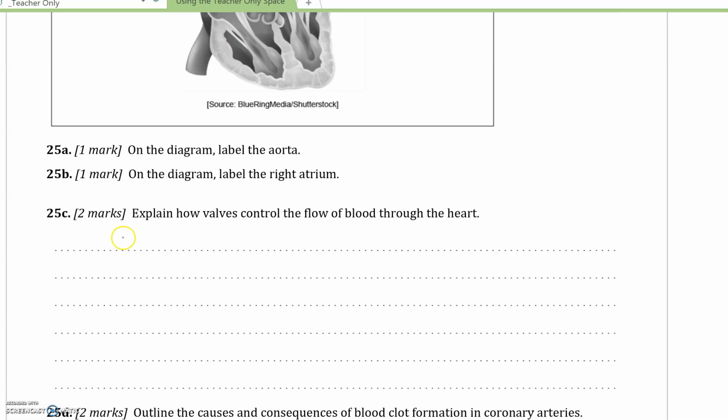So you could talk about how they open and close in response to changes in pressure. You can talk about the fact that it prevents backflow and ensures one-way flow of the blood through the heart, and that it allows the heart chambers to fill and empty in an appropriate order.